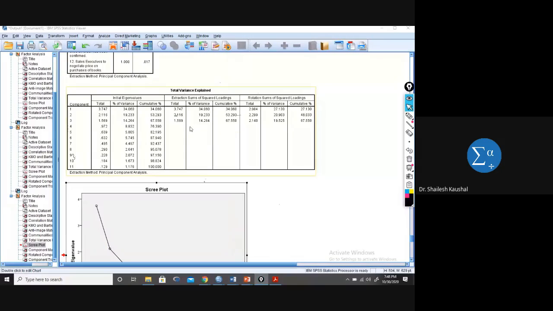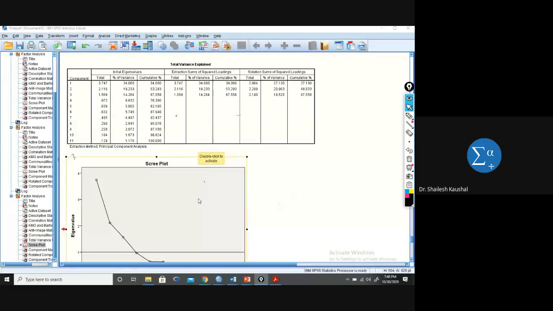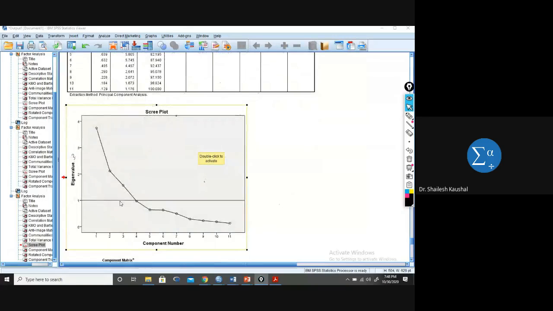By default it was giving 2, so I set it, because I need 1 value. In my exploratory factor analysis I need above 1, so I selected 1.